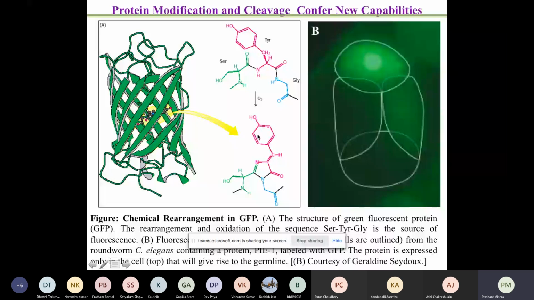Once these proteins are oxidized, there is a rearrangement, and that gives you fluorescent behavior. So I'll stop at this point.